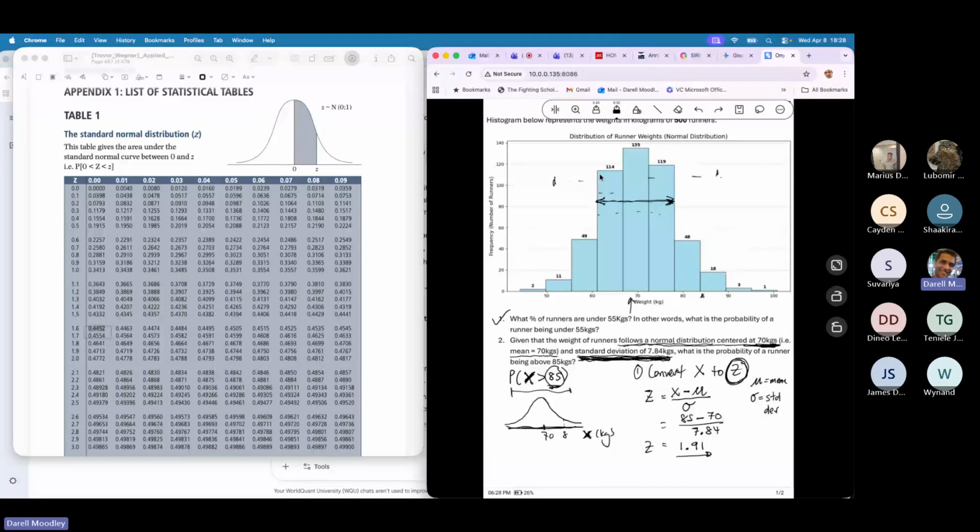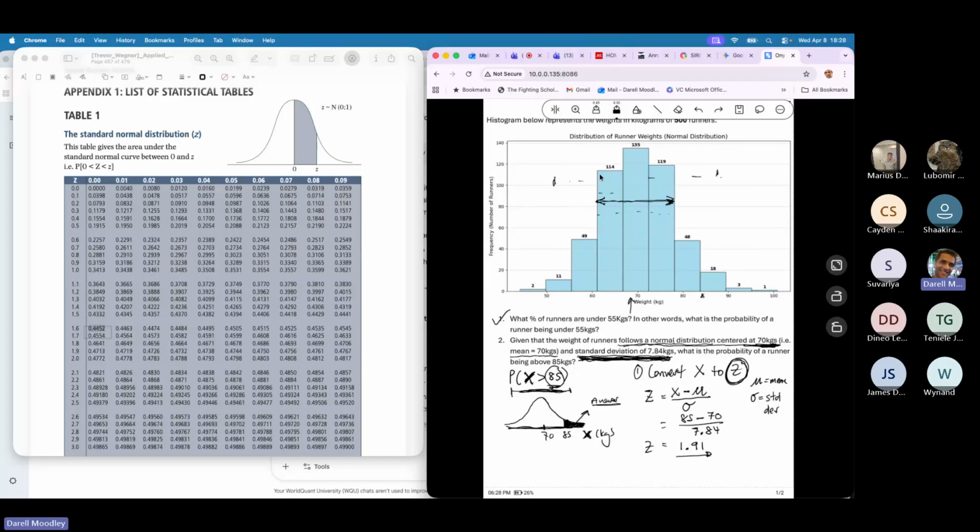And we want to know the probability of X being greater than 85, in other words, the area on the right of 85. If we can work this area out, then we've solved the problem. That's the answer.